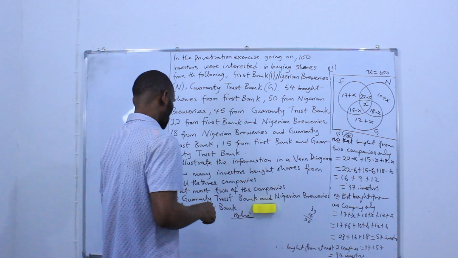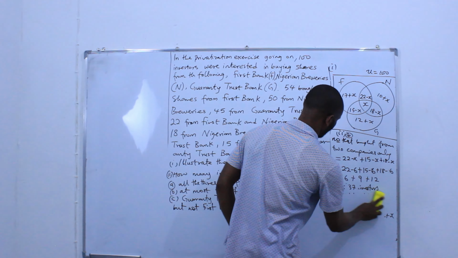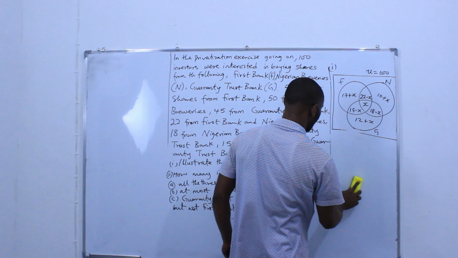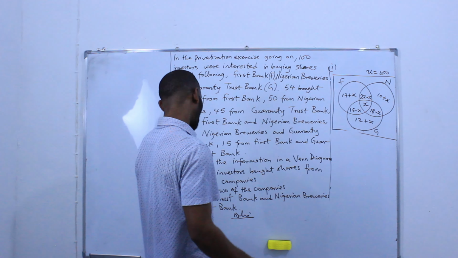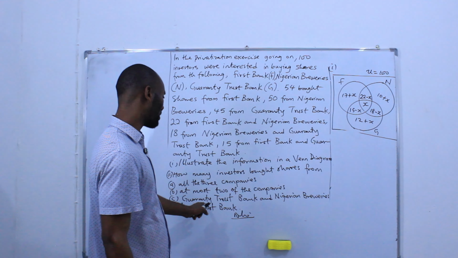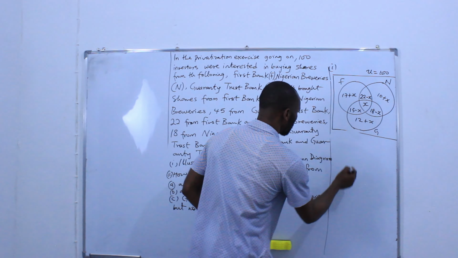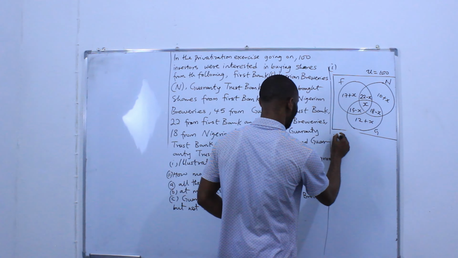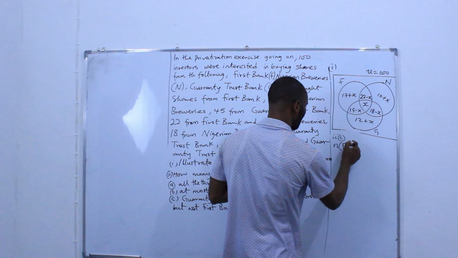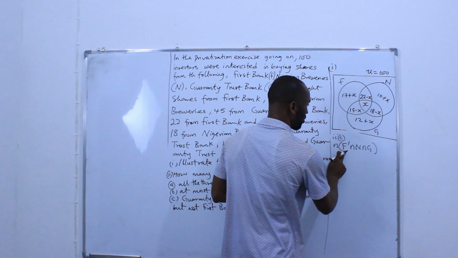So 94 investors bought from at most 2 companies. Now we go ahead to solve the last one. The last one says, how many investors bought from Nigerian Breweries and Guarantee Trust Bank, but not First Bank? So IIC asks for the number that bought from Guarantee Trust Bank and Nigerian Breweries, but not First Bank.